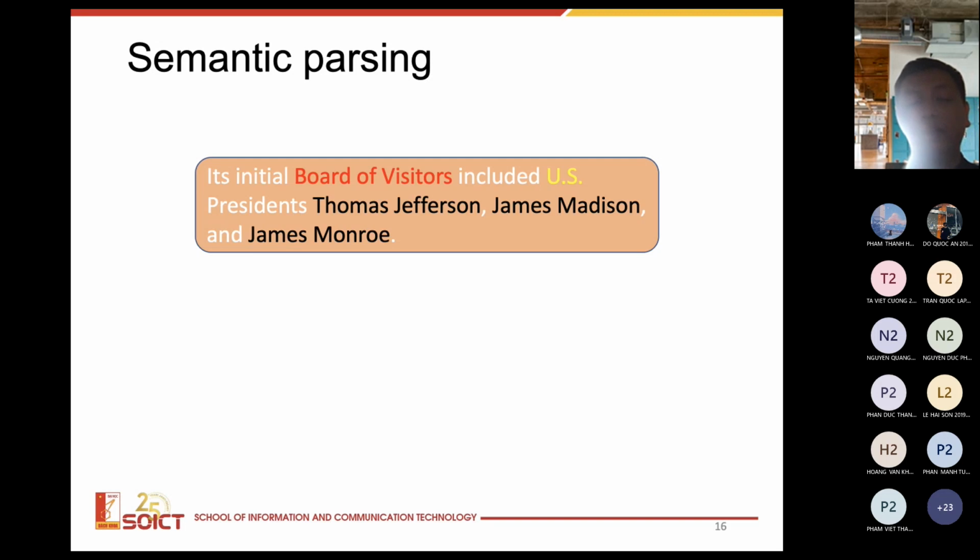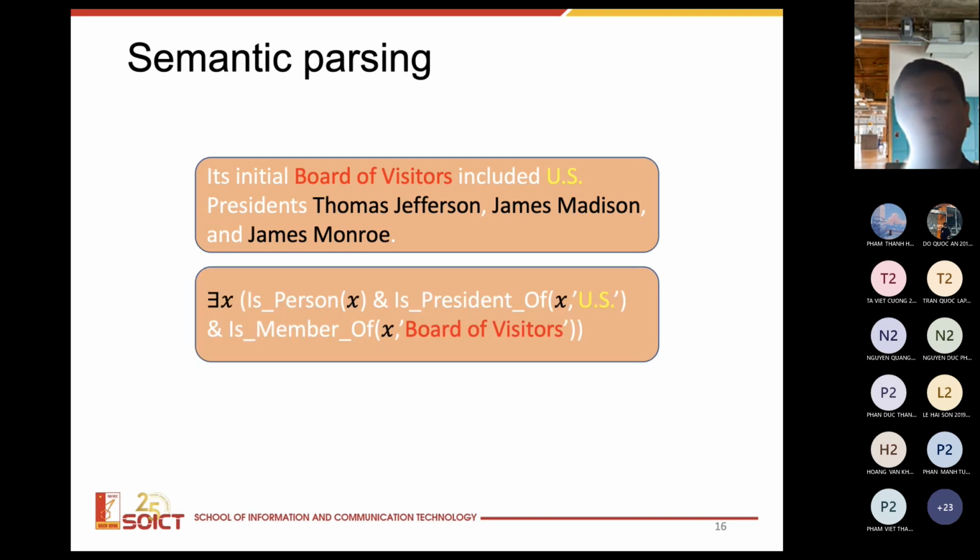So the task is not only to extract the relationship of the entities in the document, but also to convert the input sentence into some kind of executable format. For example, here the semantic parsing converts the input sentence into a lambda expression, right?